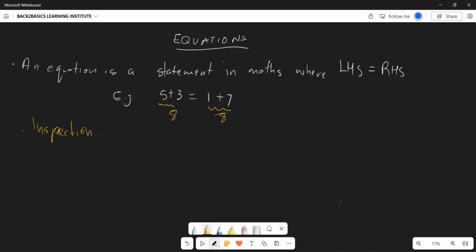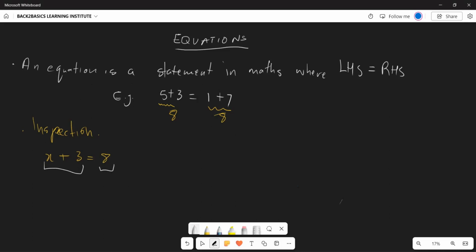Now, for example, let's say you are given x plus 3 gives you 8. To understand this, they are asking which value on this side must you have so that it gives you a total of 8.